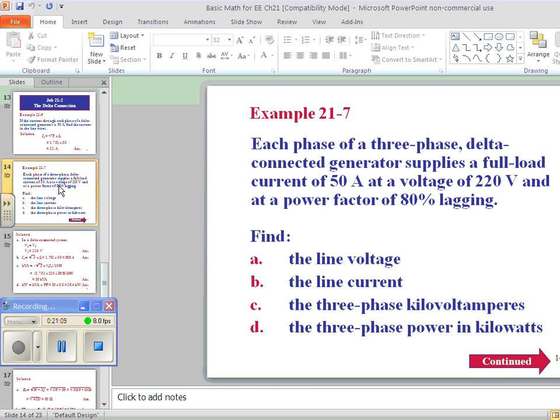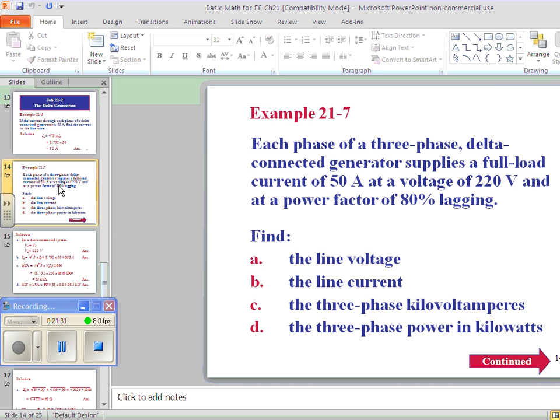Okay. Each phase of the three-phase delta-connected generator supplies a full load current of 50 amps at a voltage of 220 volts and a power factor of 80% lagging. Okay, we're talking about a generator. It's putting power out. What is the line voltage? Didn't it just tell us that?